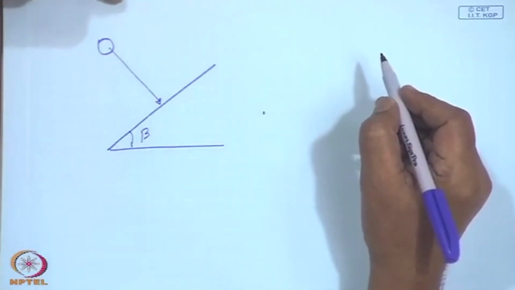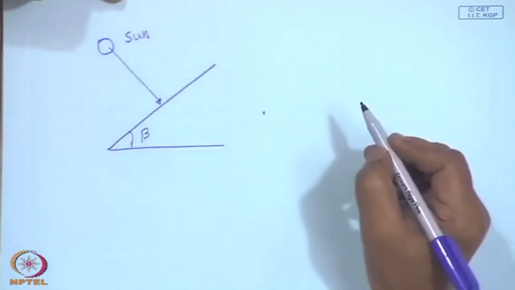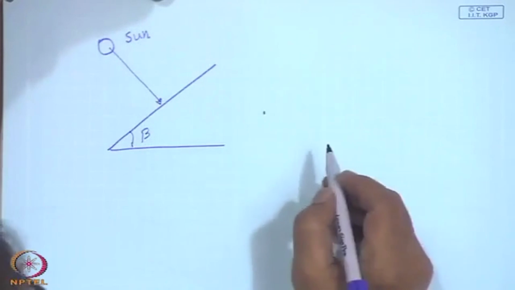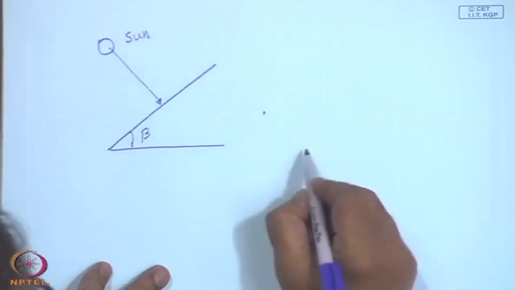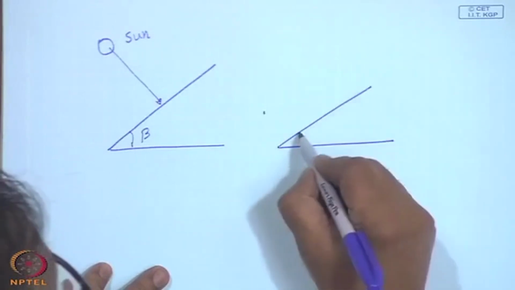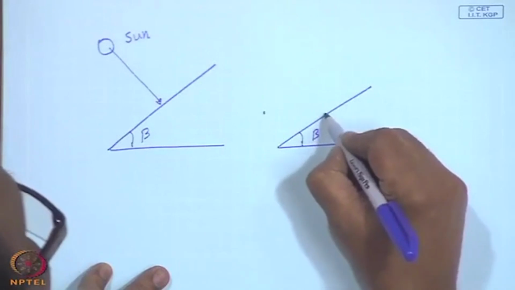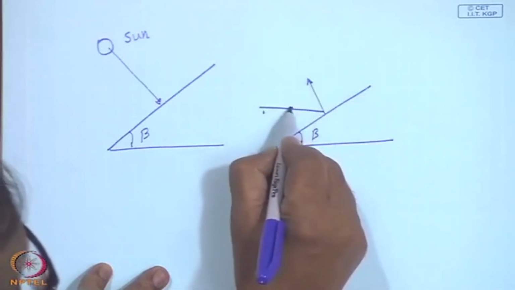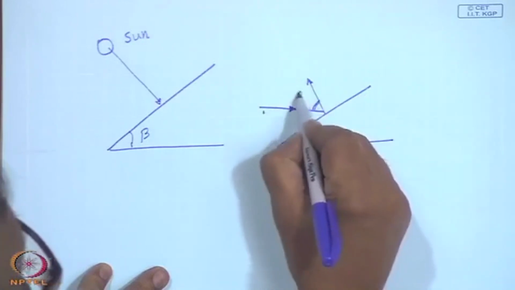So, if you want to keep it so, you have to keep on tracking it, but nevertheless I may choose some sort of a slope beta. This is the outer normal to the surface, sun's ray may be like this and the angle of incidence being theta.